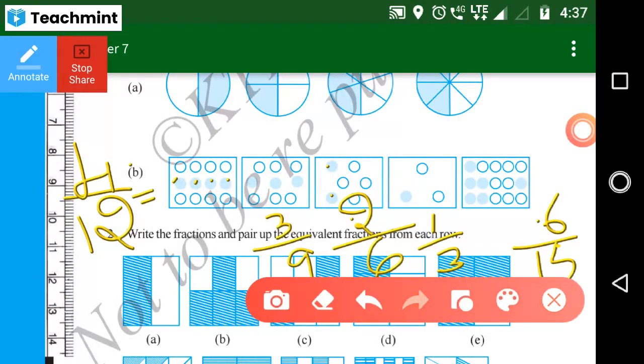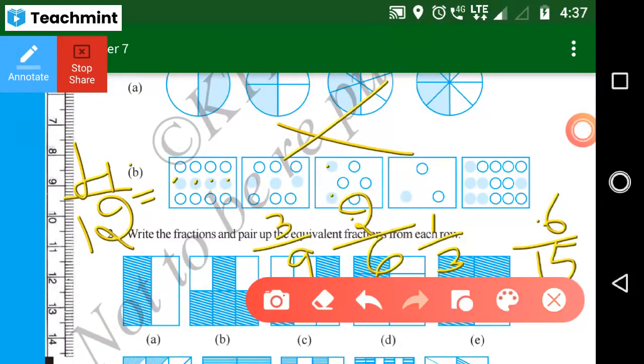Isn't it? Yes, good. Then you just find out if these are equivalent fractions. No, ma'am, these are not equivalent fractions. Yes, just write down the fractions. Make it fast.